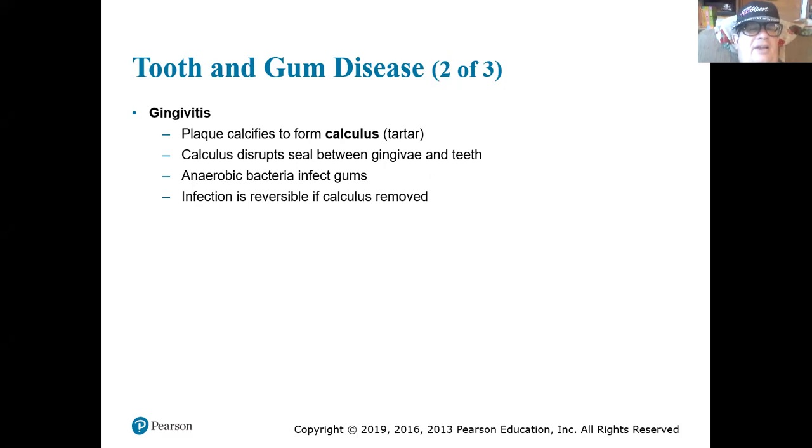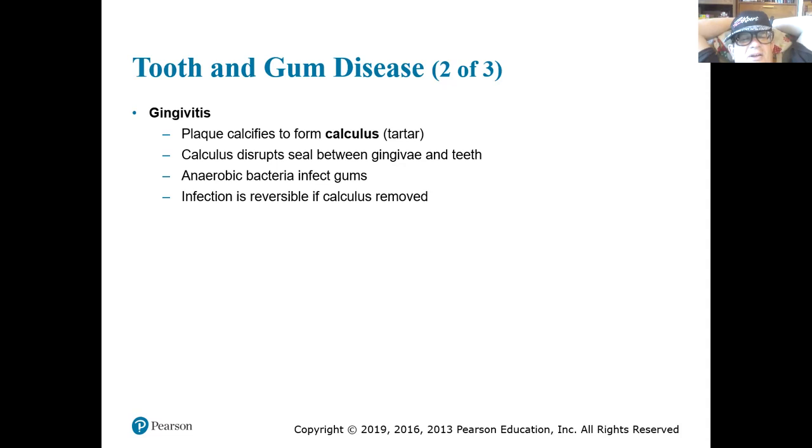So, gingivitis. Most people in the US get this at some point in time. Itis is inflammation and gingiva is the gum. When this happens, plaque can form calculus, the fancy name for what dentists call tartar. Yes, calculus is bad, I said that, and you can tell the math people. Calculus will disrupt the seal between your gum and your teeth.